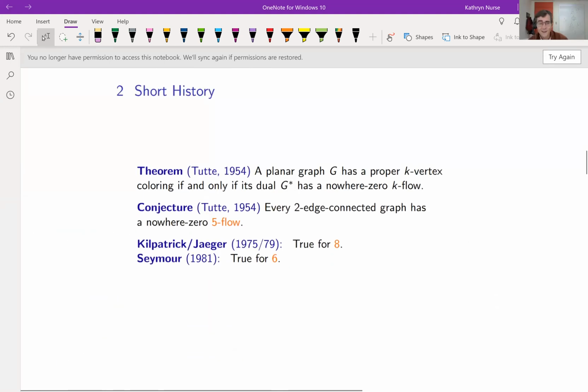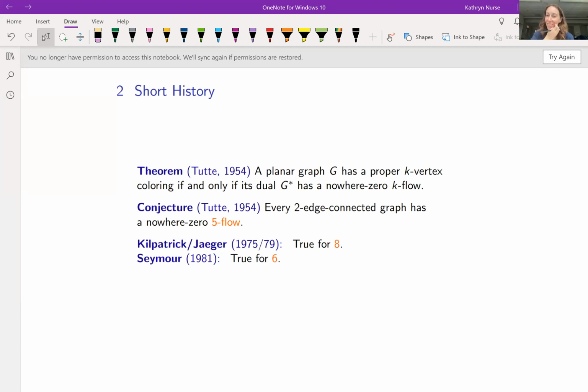Everybody knows everything. Okay. No, actually, I do have a question. Sorry, Kathryn. I wasn't aware of this Kilpatrick thing. I actually don't know who Kilpatrick is. So what's the story there? Is that in the thesis or something? It seems to be in a thesis. Yeah, it's in his master's thesis, actually. It was a master's thesis. I know about it because Matt told me, and it's hard to find.